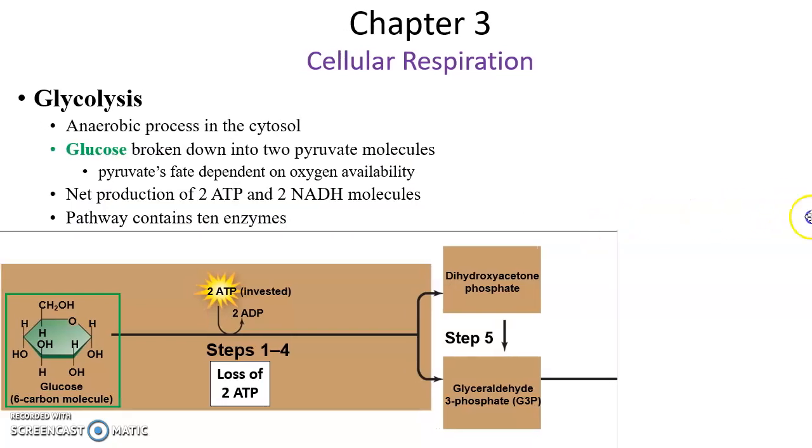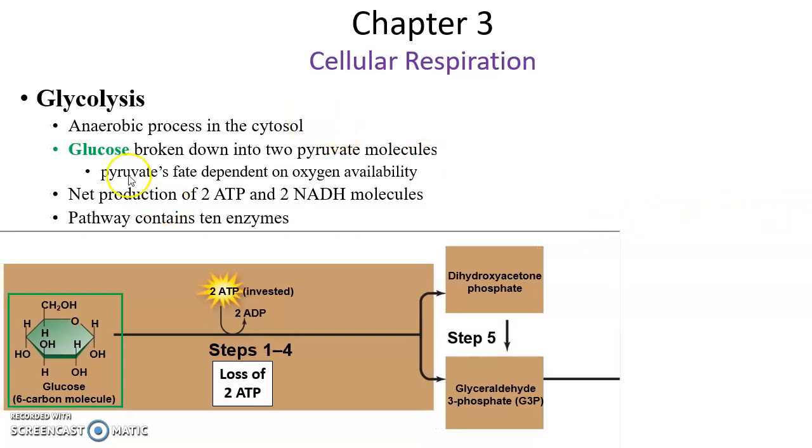Glycolysis, first part. Glycolysis is anaerobic. Glucose gets broken into 2 pyruvate molecules. We start with glucose, we end with 2 pyruvate molecules. And pyruvate's fate depends on oxygen availability. During glycolysis, breaking down glucose, we get a net production of 2 ATP and 2 NADH molecules. It is a 10-enzyme step.